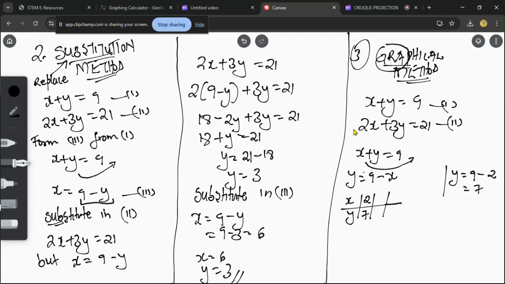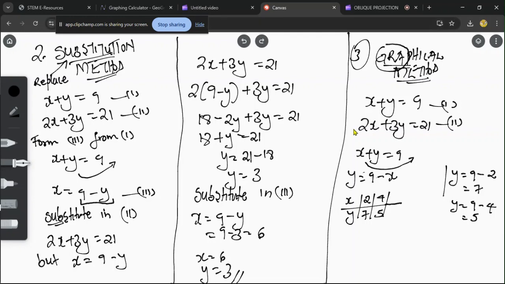The same case. What if I put 4? It will be y is equals to 9, where there is x, you write minus 4. What is 9 minus 4 is equals to 5. So I write here 5. What if I put a value like 6? These numbers are random numbers. I'm just picking any number.